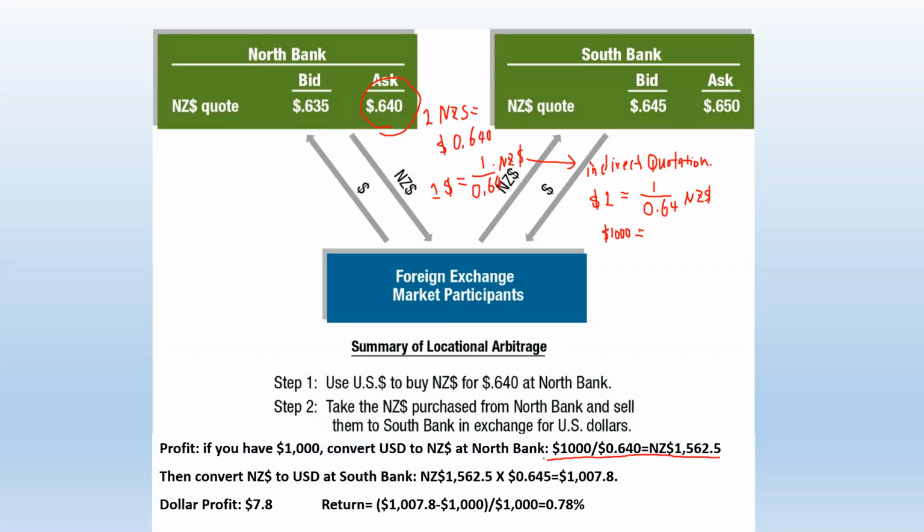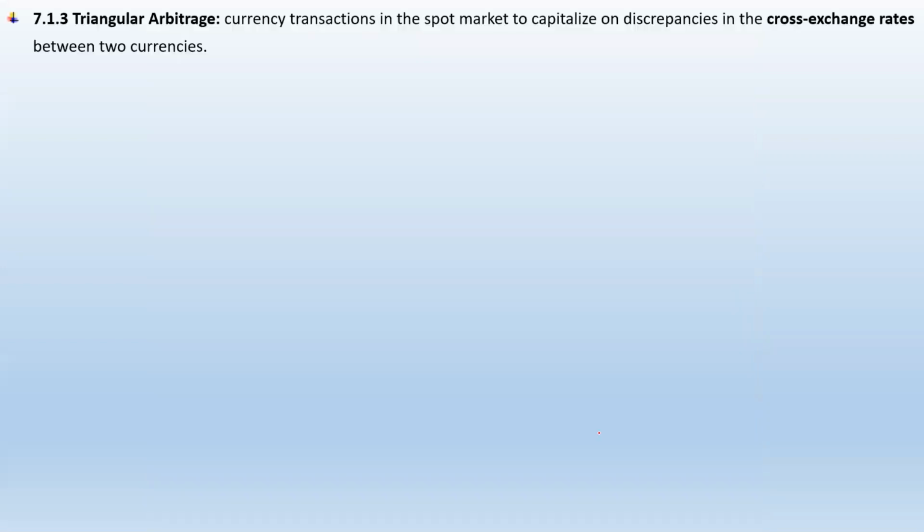If we convert this $1,000 into New Zealand dollar, it will be 1,000 divided by 0.64 New Zealand dollar. So that's the reason why here it's divided instead of multiply. So that is locational arbitrage.